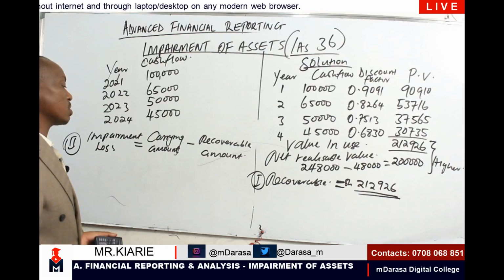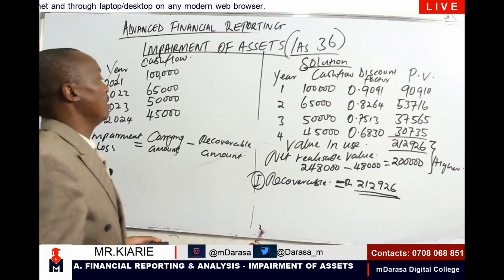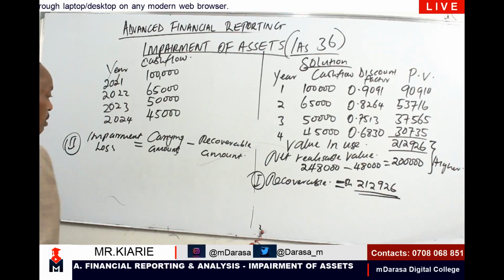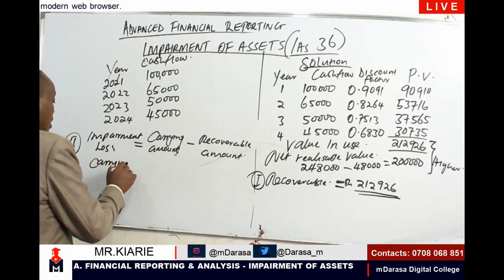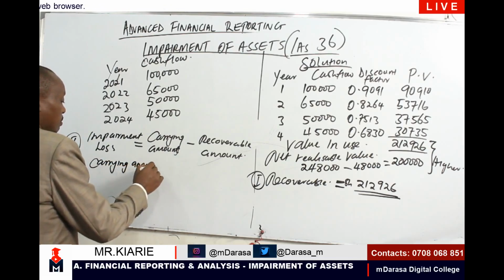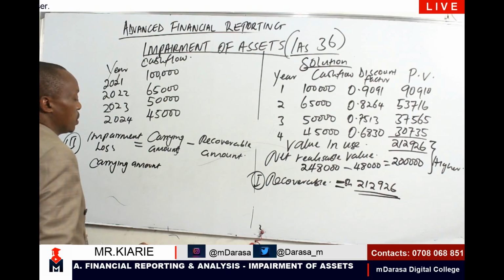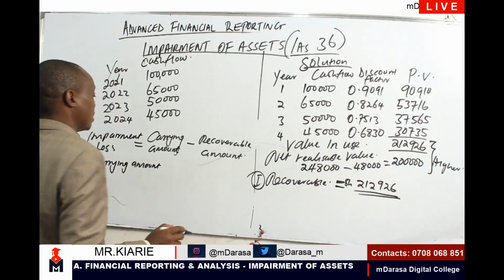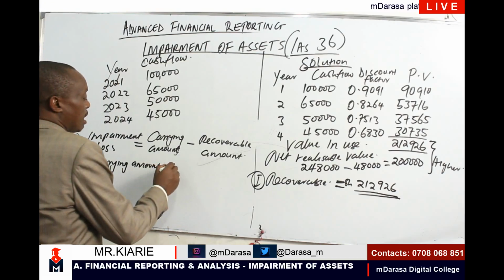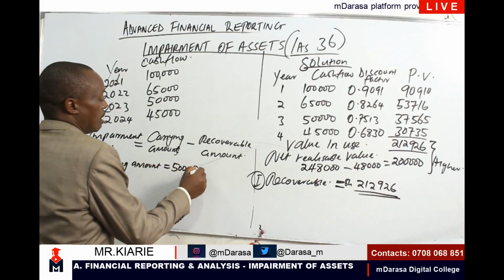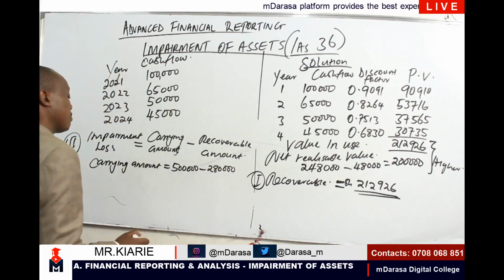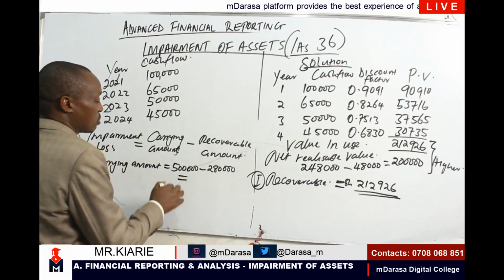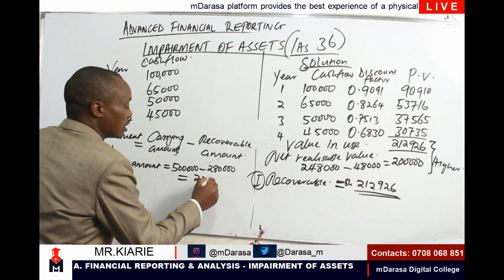We know that the cost of this asset is 500,000, and the accumulated depreciation is 280,000. So the carrying amount will be 500,000 minus 280,000, to come up with a carrying amount of 220,000.